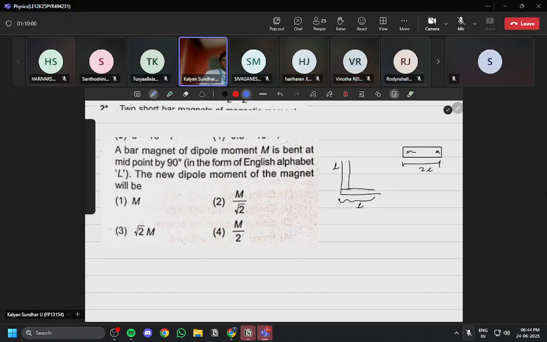The new dipole moment, M bar, will be equal to the square root of the first dipole moment squared plus the second squared plus 2 times m1 m2 cos 90. Cos 90 is 0, so the dipole moments are m by 2 into L, the whole squared, plus m by 2 into L, the whole squared, under the root.